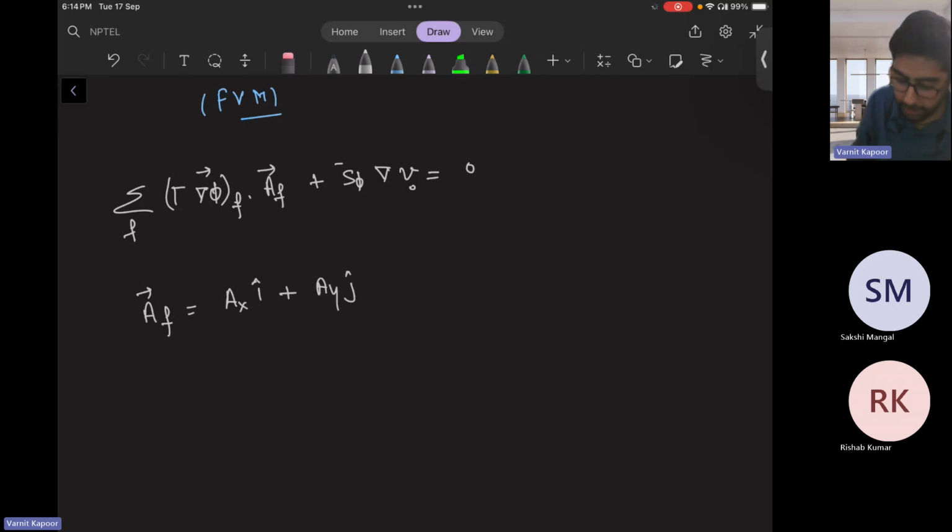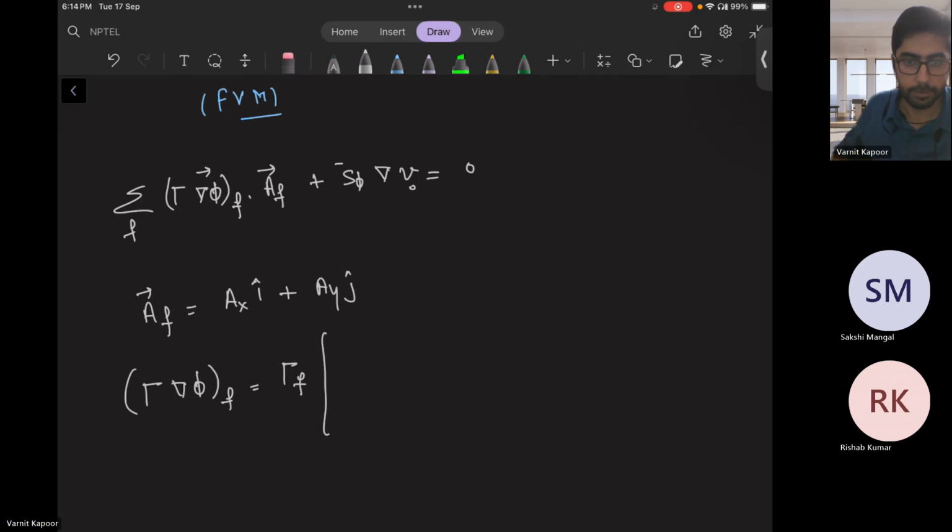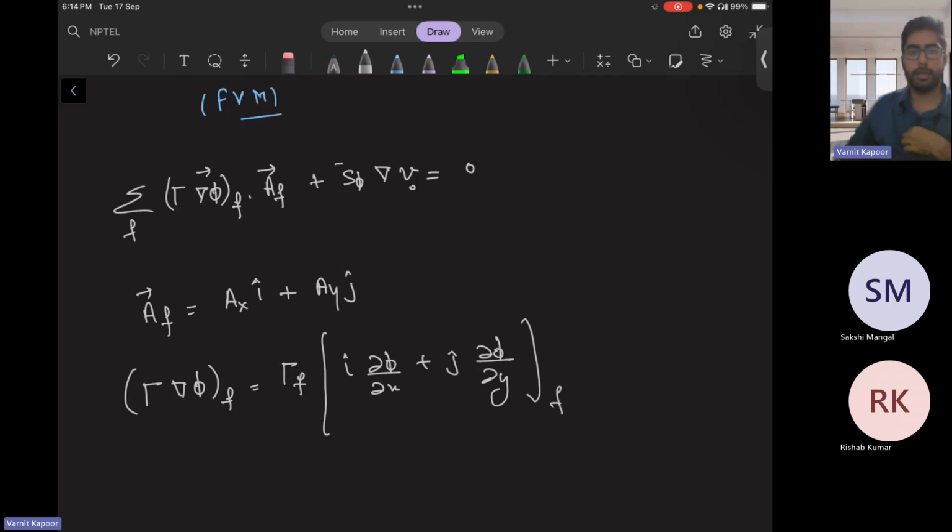Similarly, the gamma grad phi term at that face will be decomposed into I hat times dou phi by dou x plus J hat times dou phi by dou y, at whichever face you are taking. I hope this much is the same and still clear. If you have any doubts, please ask.